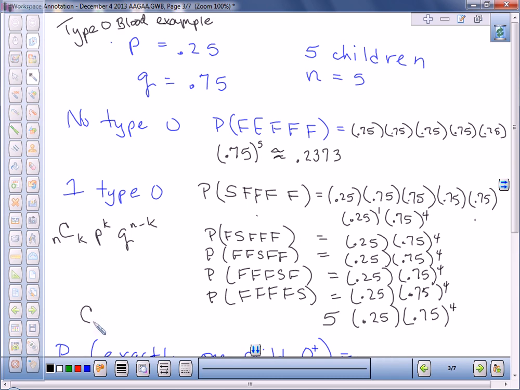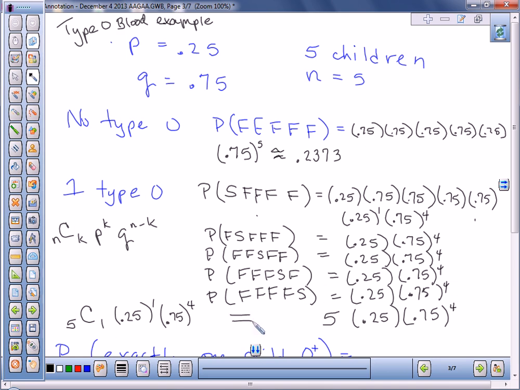How many do we want to have type O blood? 1. What is the probability of success? 0.25. And how many did we want to be successful? 1. What is the probability of failure? So if 1 was successful, how many were failures? 4. Is this the same thing as this?